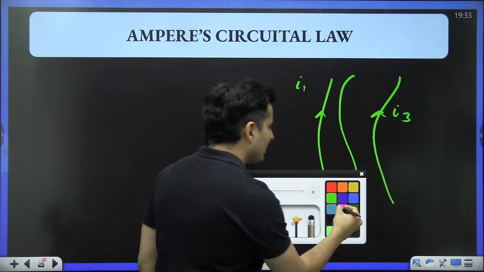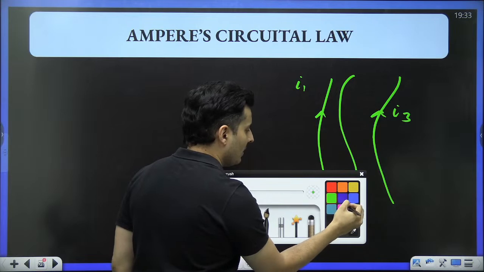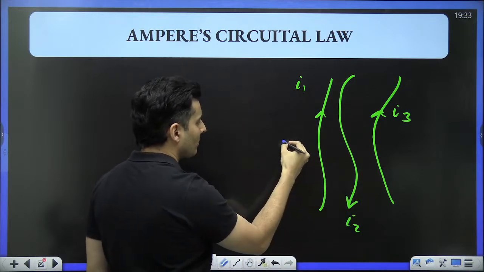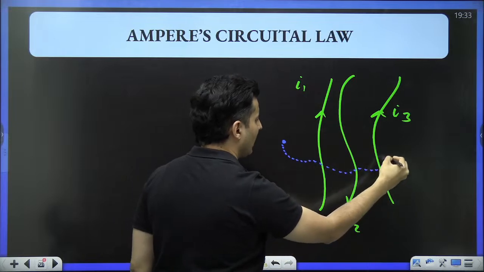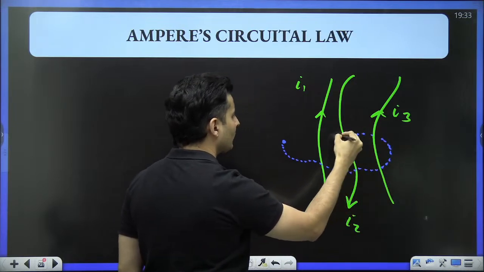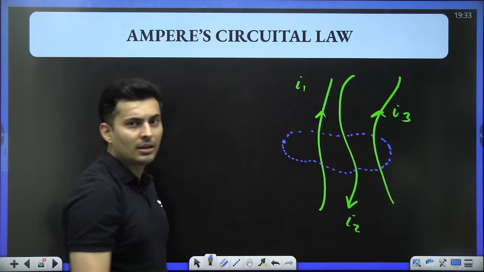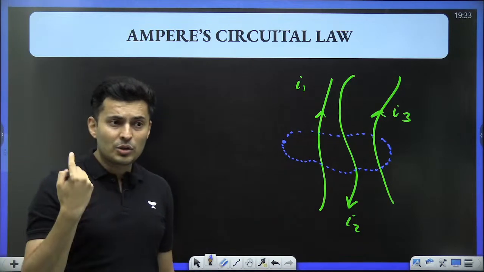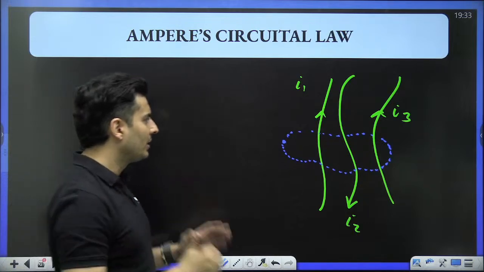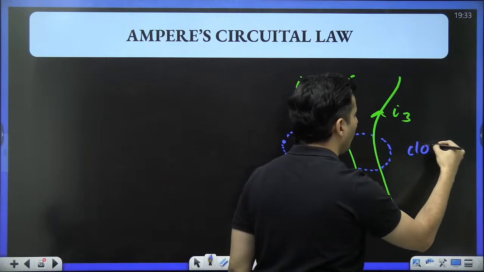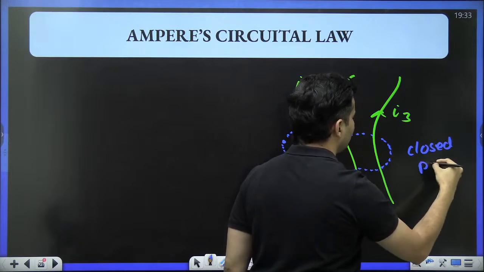You start from a point, maybe over here, and you go in any random path, doesn't matter, and you have to come back. What is this? A path where you start from any point, go anywhere randomly, and come back to the same point. This is basically now a closed path.